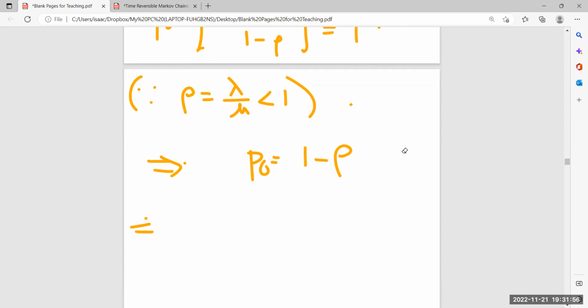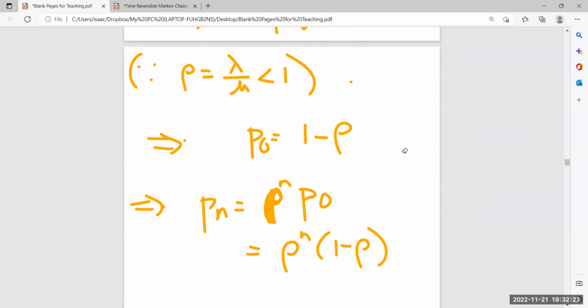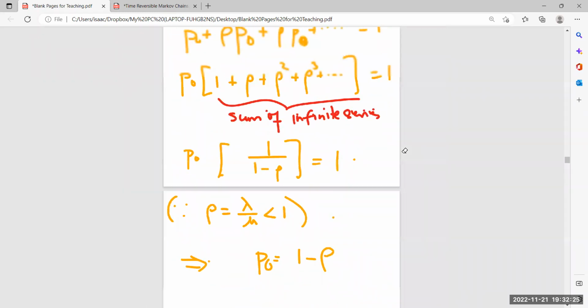So this means that in general, our Pn, which is rho to the n times P0, is equal to rho to the n times 1 minus rho. Right?